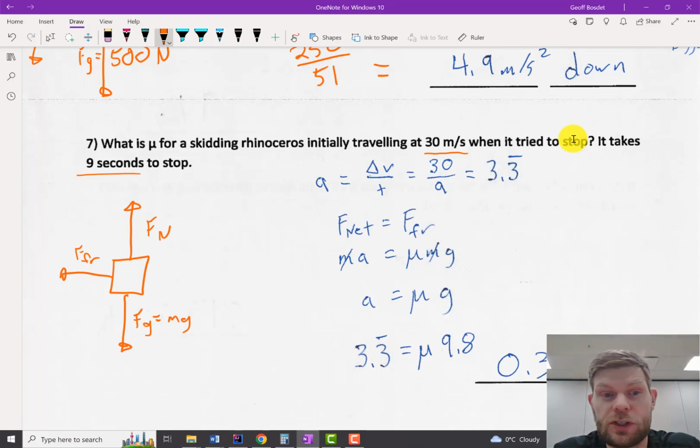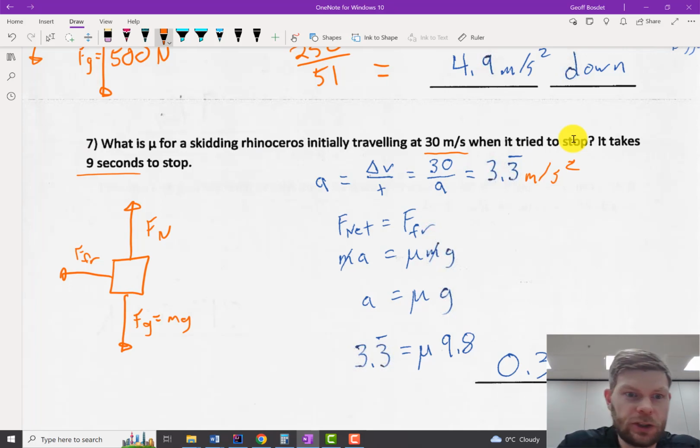And acceleration is the bridge into forces. We can use that acceleration with our force information. So acceleration is just defined to be the change in velocity over time. It changed by 30 meters per second when it went from 30 to 0. And it took 9 seconds. And so our acceleration is 3.3 meters per second squared.